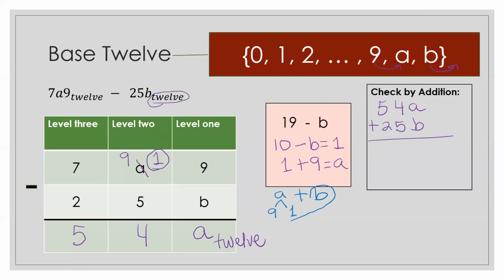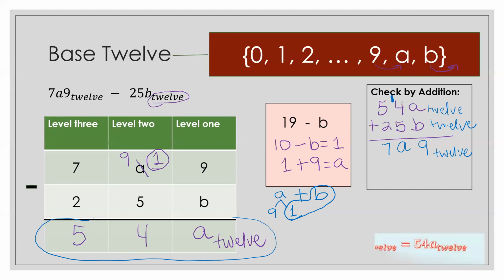So B plus 1 is a full group of 12, so I will write 9 right here, and one full group of 12 is in the second place. Then in the second place, I have 5 plus 4 is 9. One more will give me A. And then 5 plus 2 is still 7 in base 12. And these are all in base 12. So our answer that we have here is correct. Nice.